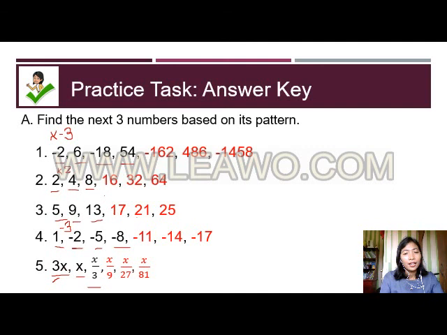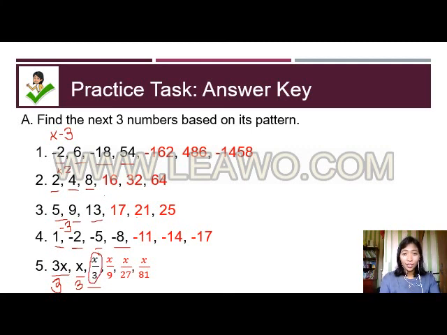If we divide 3x by 3, we can cancel 3 over 3 and that becomes 1. So correct. When we divide 3x by 3, we got x. Then we do it again. We divide x by 3 and we are getting x over 3.